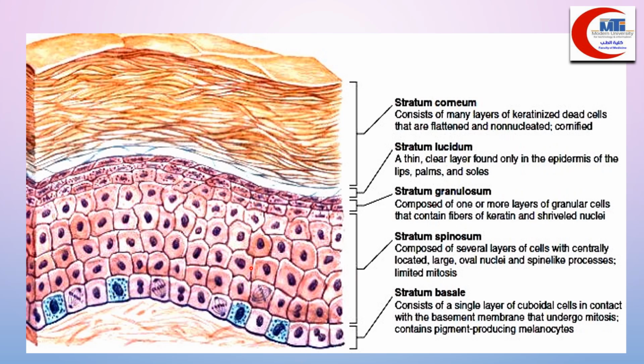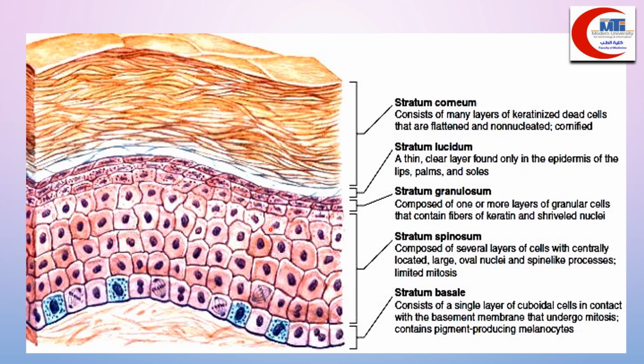By electron microscope, the cells adhere to each other by desmosomes and contain melanin granules and intermediate filaments (tonofilaments), and start to show lamellar granules in the upper cells.